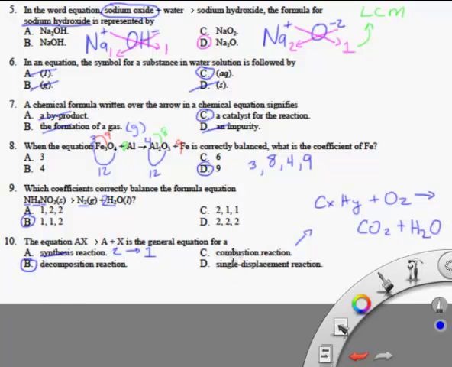And single displacement should have a general form of AX plus B yielding BX plus A. You'll have 1 compound plus a single element yielding a new compound and that displaced element.